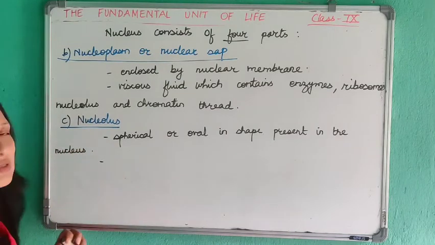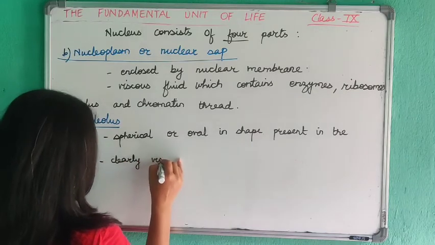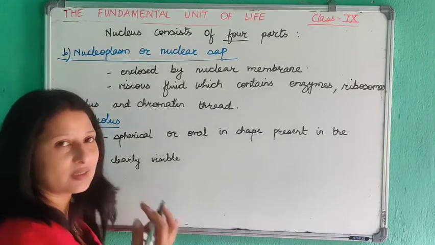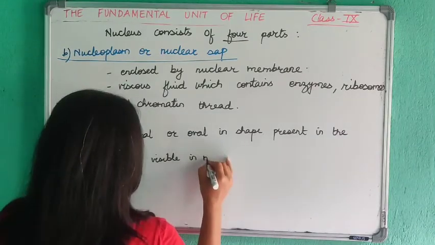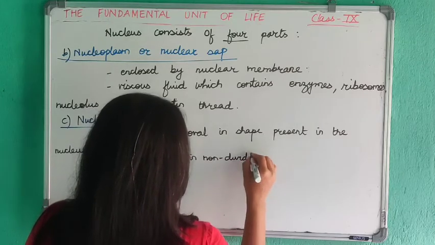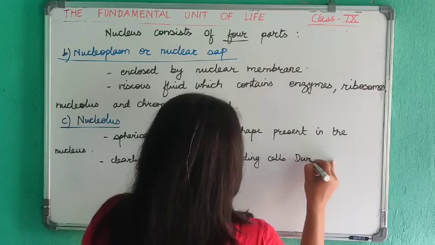Okay. Now this nucleolus is clearly visible in non-dividing cells. जुन cells चाहिँ divide भएको छैन, त्यस्तोमा चाहिँ we can see it clearly. Okay, but during cell division it disintegrates. भनेको यो भत्किन्छ.